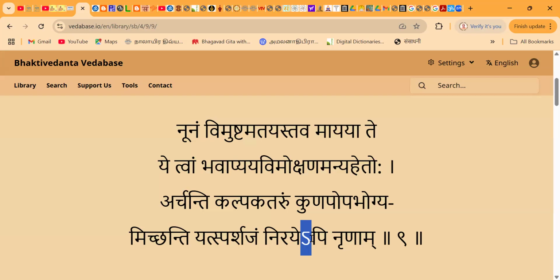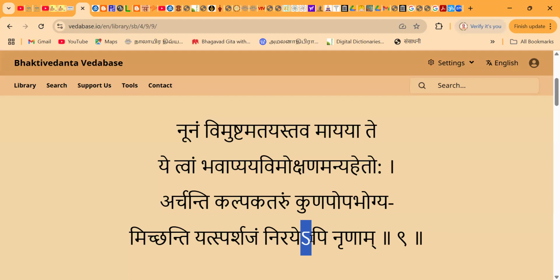Why it is kept is that in a shloka, the first step is that we do sandhi vicheda. We split the words because of sandhi, certain letters get transformed.